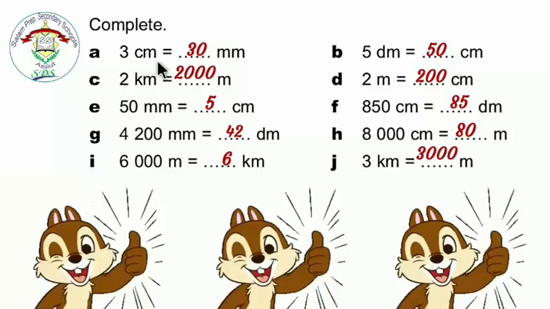Three centimeters equal 30 millimeters. 2 kilometers equal 2000 meters. 50 millimeters equal 5 centimeters. 4200 millimeters equal 42 decimeters.